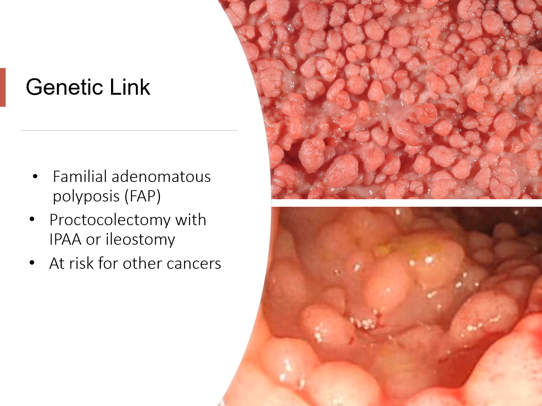These patients may develop hundreds to thousands of polyps that will 100% become cancerous by the age of 40. So this requires removal of the colon and the rectum by age 25. Okay, so this is pretty serious. In addition, patients who have this condition are at risk for other types of cancers, so they need lifelong follow-up.